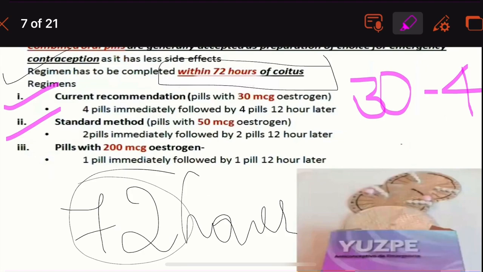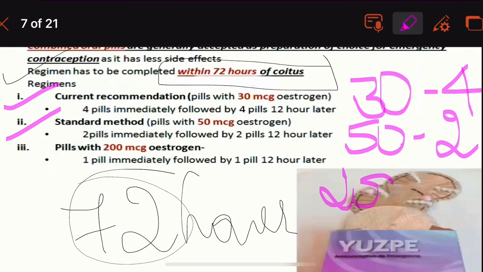Under the standard method, for pills containing 50 mcg of ethinyl estradiol, they have to take 2 pills immediately followed by 2 pills 12 hours later. In cases of pills containing 200 mcg ethinyl estradiol, just 1 pill will suffice, followed by 1 pill 12 hours later.